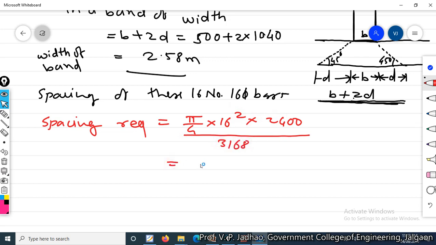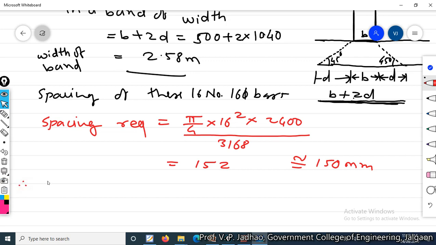So we get the spacing required equal to 152 mm, that is nearly equal to 150 mm.